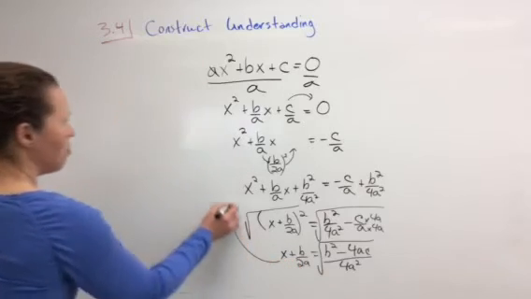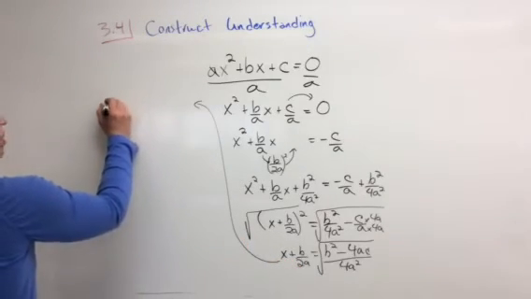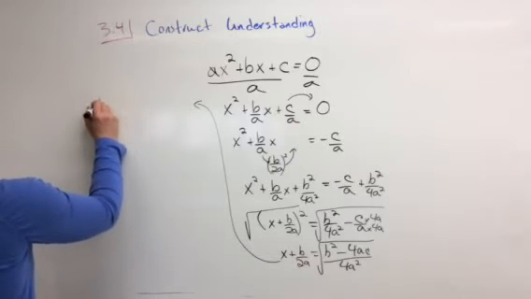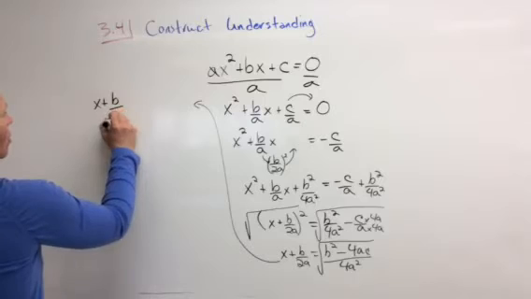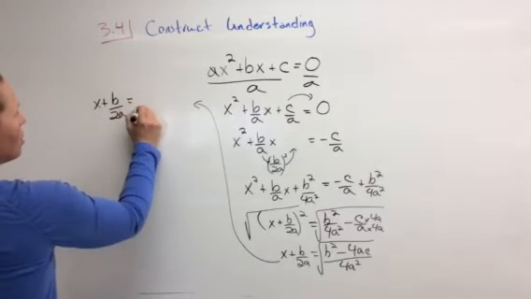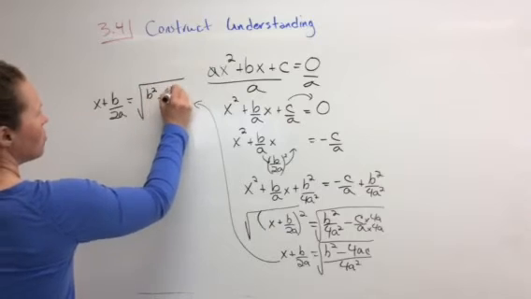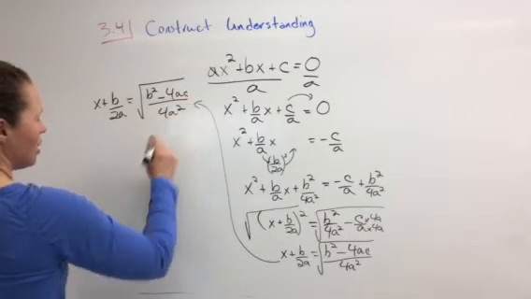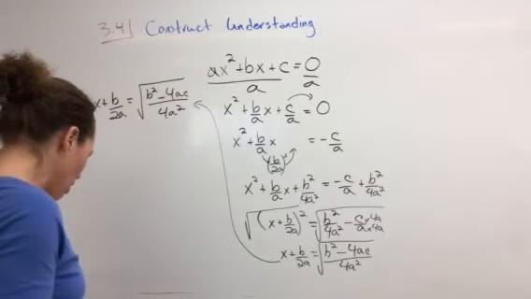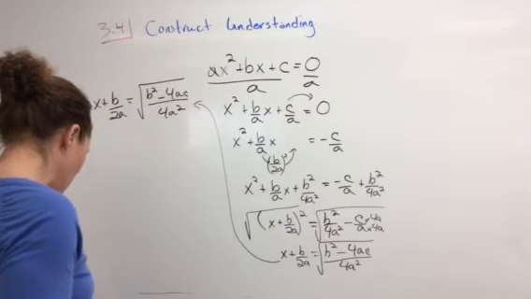I'm going to bring this up here so that we can see it a little more clearly. So I'm left with x plus b over 2a equals the square root of b squared minus 4ac all over 4a squared. Though I'm still trying to get x all by itself.